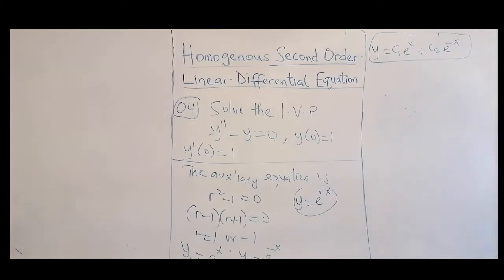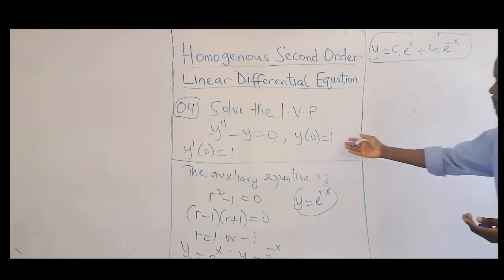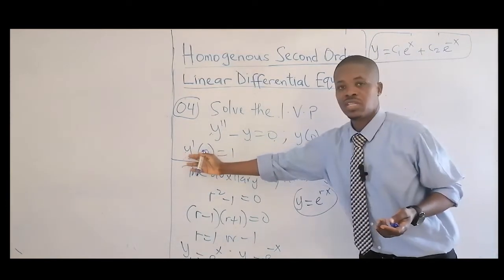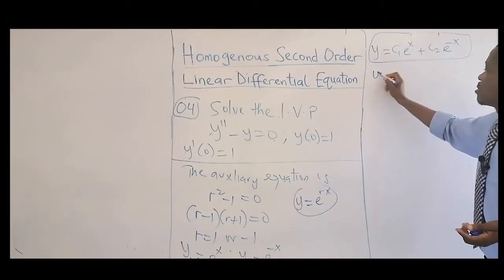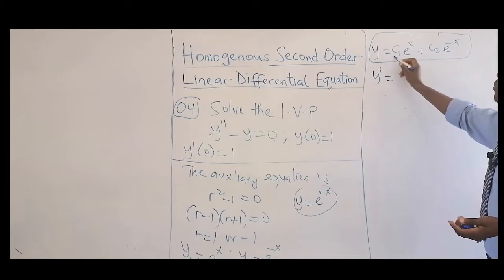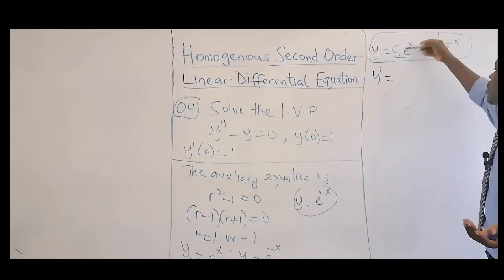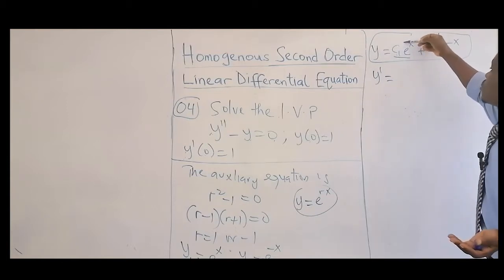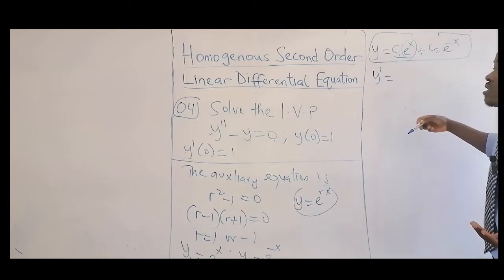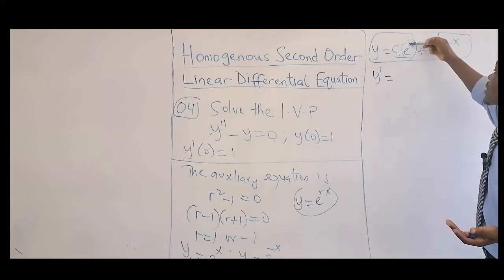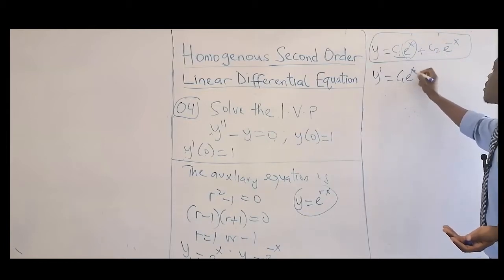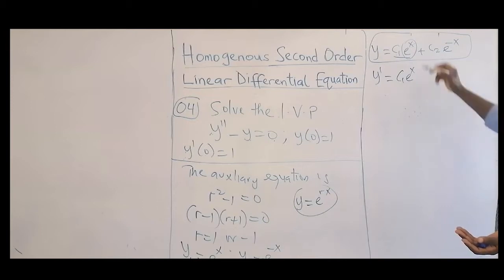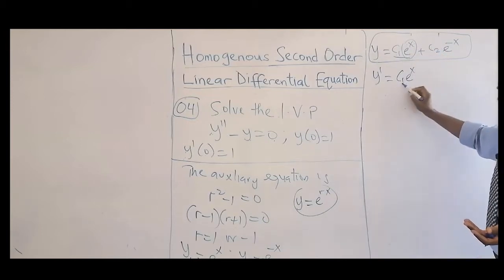Now we have some conditions here, including one on the first differential. So we get the first differential y prime by differentiating this. For the first term there's no change, since c1 is just a constant and you're only differentiating the exponential function, and the coefficient of x in the power is 1, so it has no effect. If you had 2 here, it would be times 2.